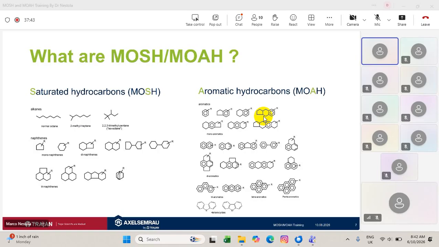When we talk about saturated hydrocarbons, of course, we have alkanes, naphthenes, so rings, but totally saturated. So no double bonds inside, no aromatic benzene moieties, nothing like that. So they can be complex structures, but still no double bonds. Aromatic hydrocarbons, on the other end, by definition, have at least one benzene ring inside.